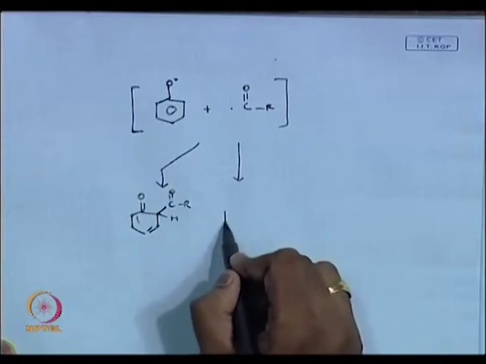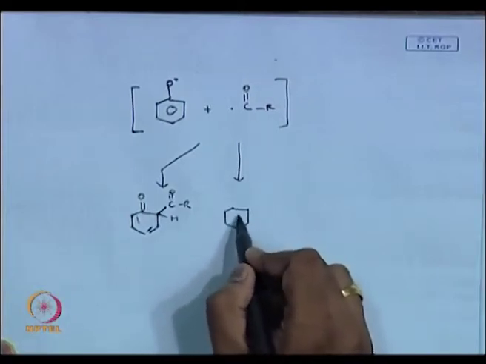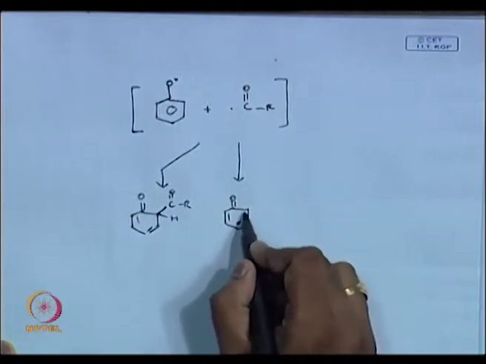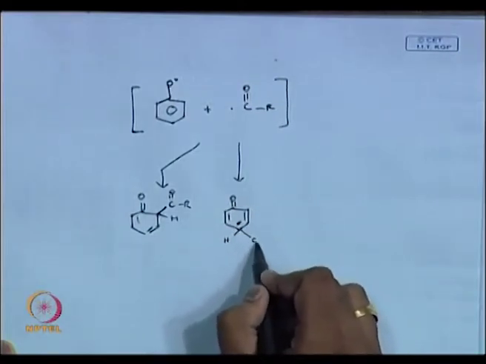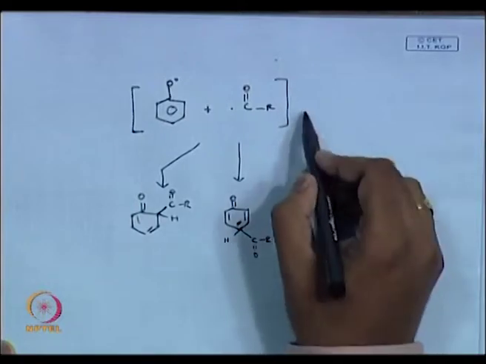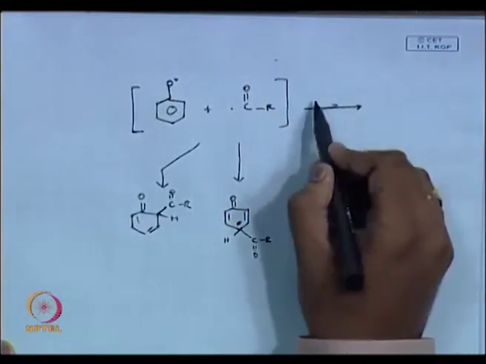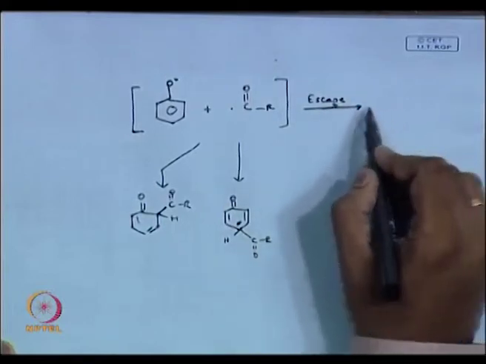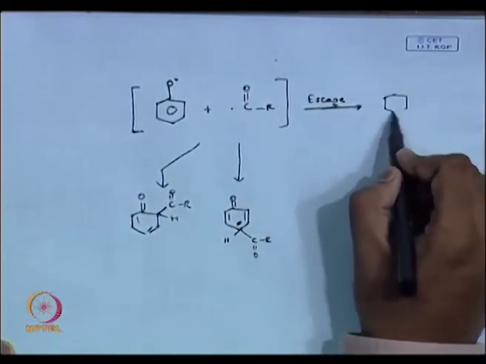If they recombine, you get the rearranged products. If it escapes from the cage, then you will get this type of radical.